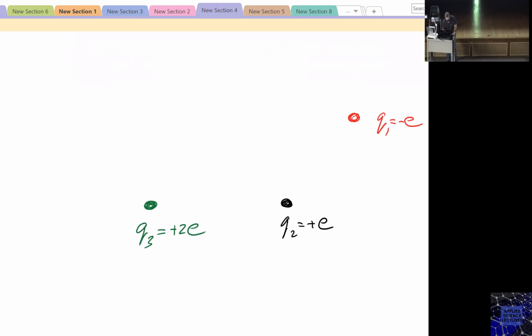So now let me draw the lines between them, where this one I'm calling R1, and this one I'm calling R2.